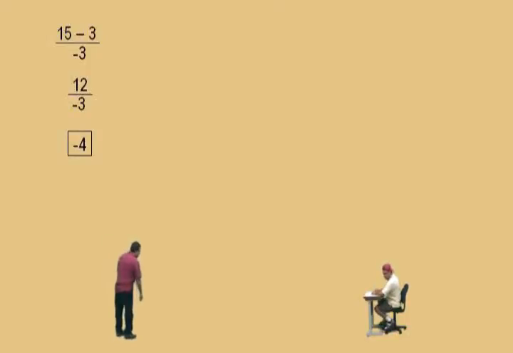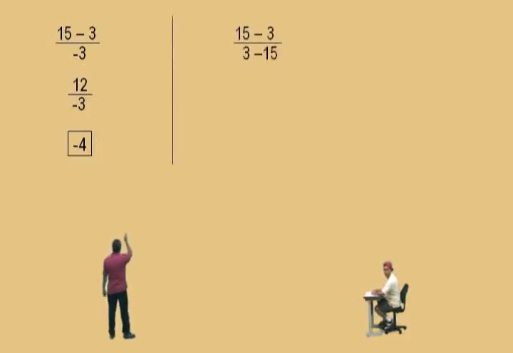Very nice. Now, here's another one here. 15 subtract 3 divided by 3 subtract 15. All right, Charlie. Now, first we do the top, which is actually called the numerator. 15 subtract 3 is what, Charlie? 12. Now, what's 3 subtract 15? If 15 subtract 3 is 12, 3 subtract 15 is what? Negative 12.